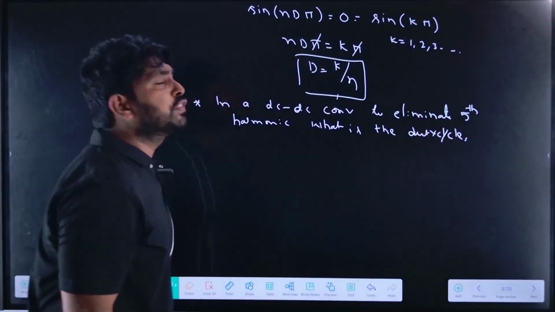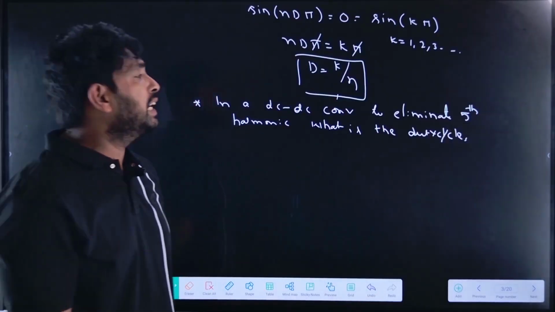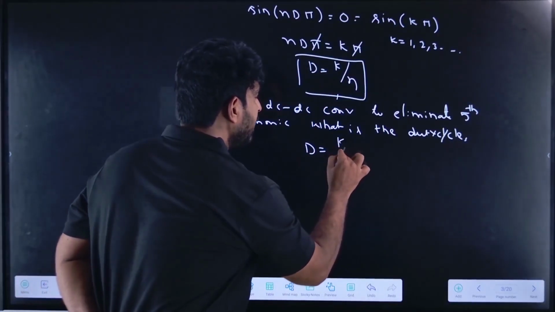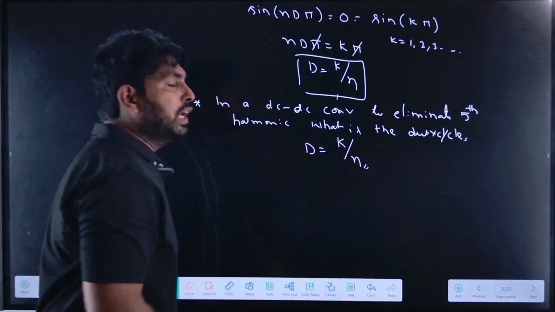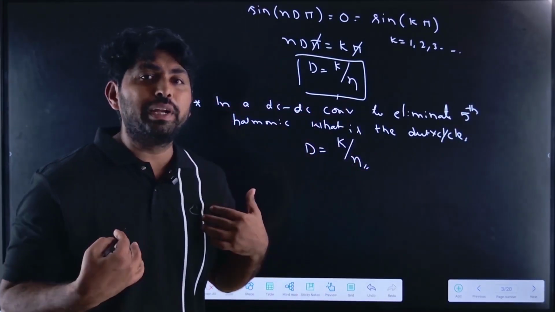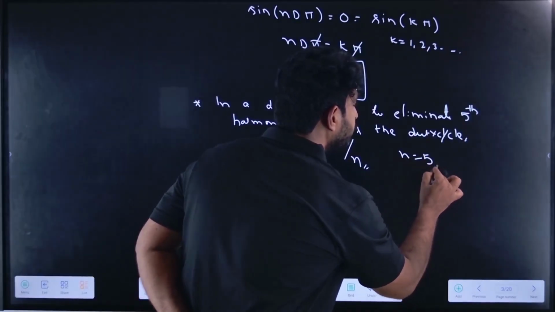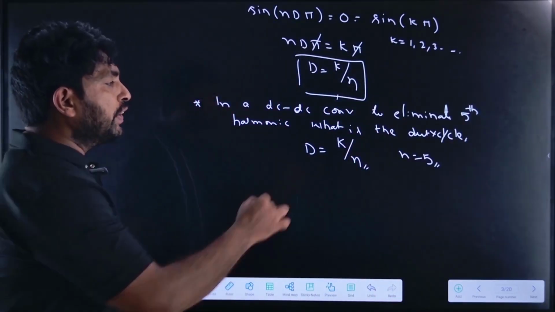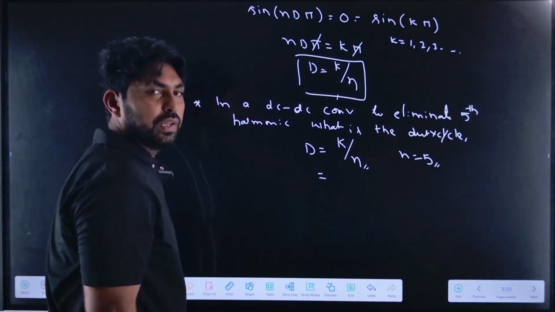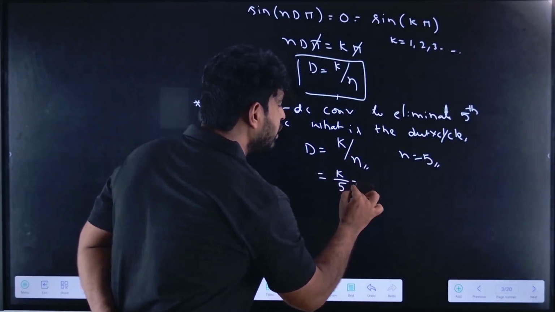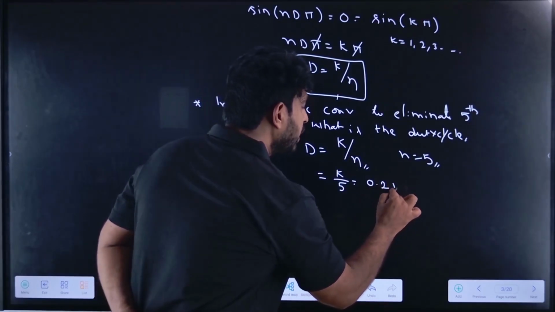D equals k by n is the formula. Which harmonic are we eliminating? The fifth harmonic, so n equals 5. If I substitute n equal to 5, it is k by 5, which is equal to 0.2 into k.